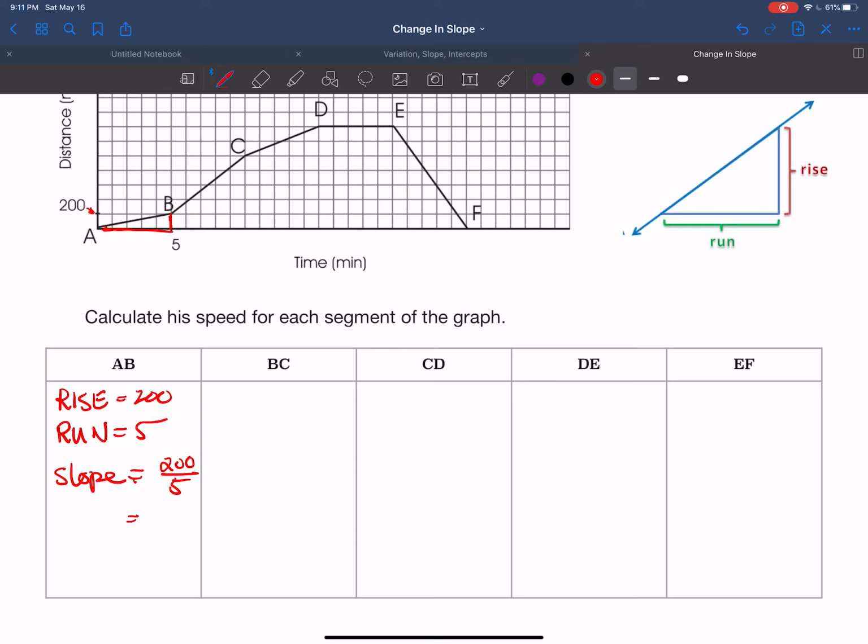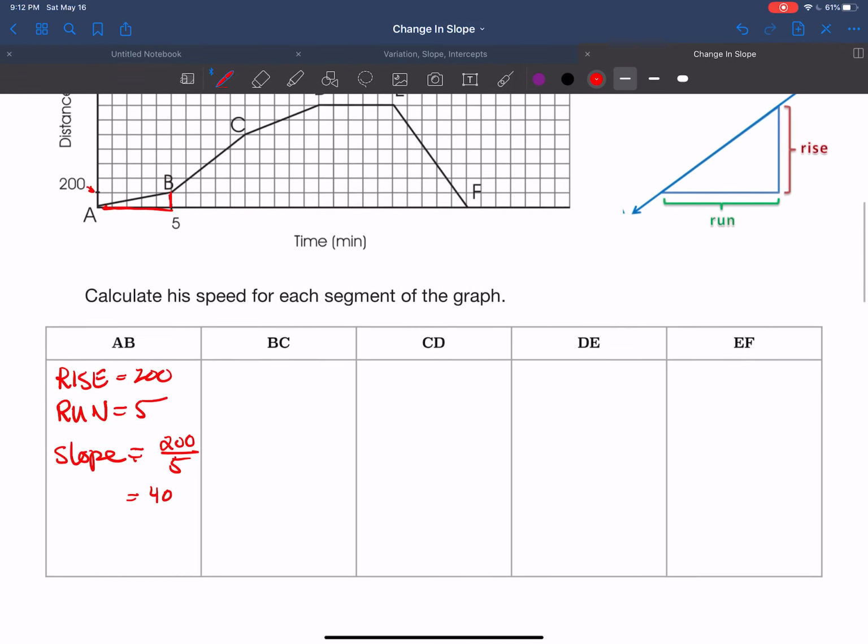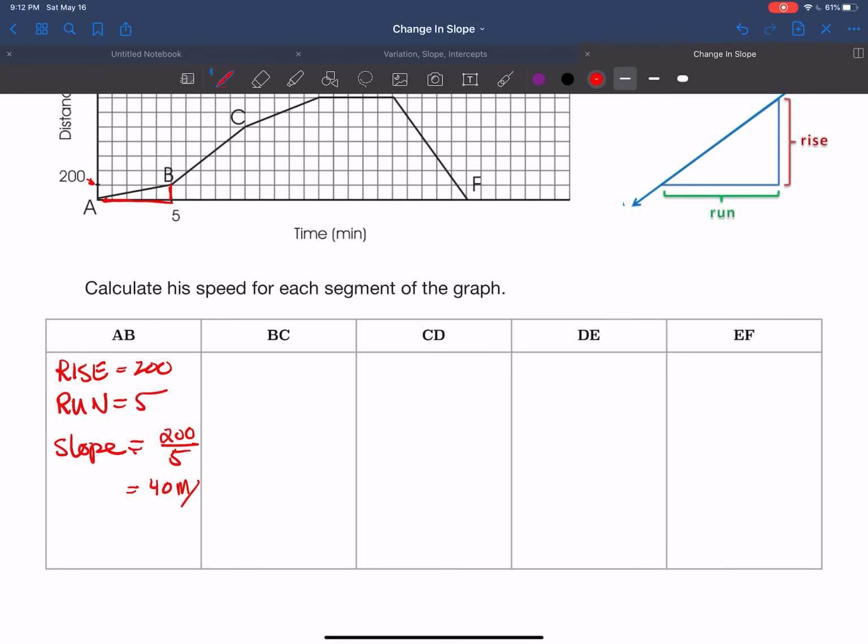Okay, so then if you couldn't divide that, you could reduce the fraction. You could also put the decimal, it doesn't really matter, but 200 divided by 5 is 40, so we'll say that. The rise was in meters and the run was in minutes, so that's 40 meters per minute.